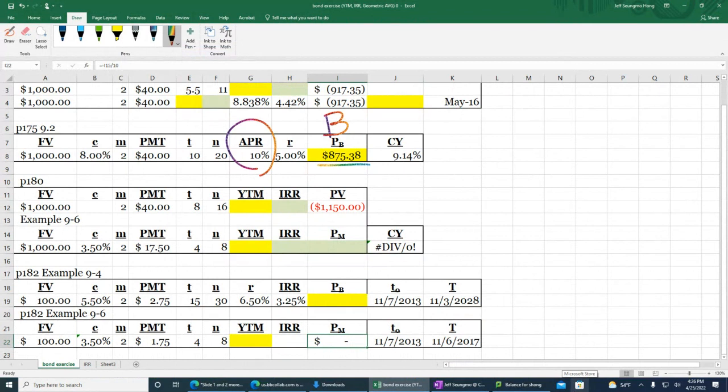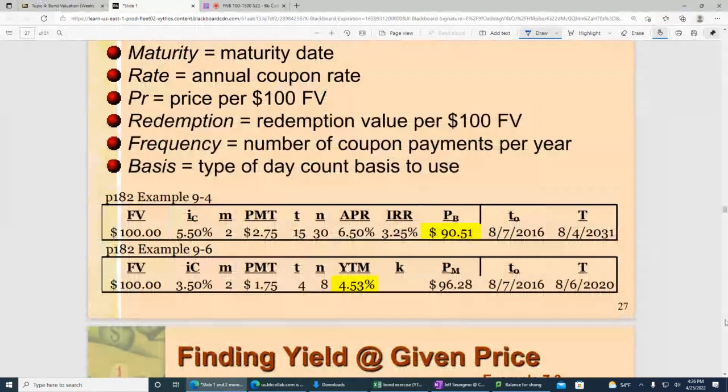There are two ways you can do this. So this example, I think, is from this example. Okay, so 96.28.